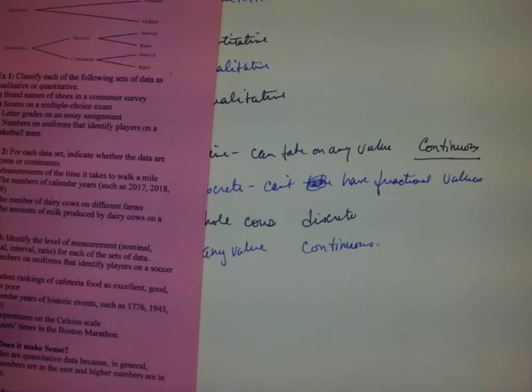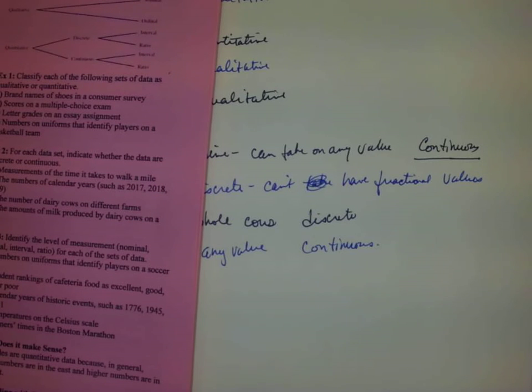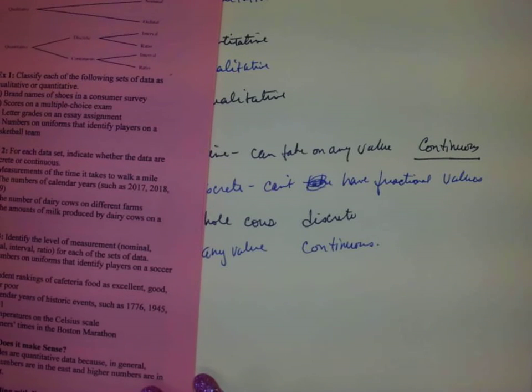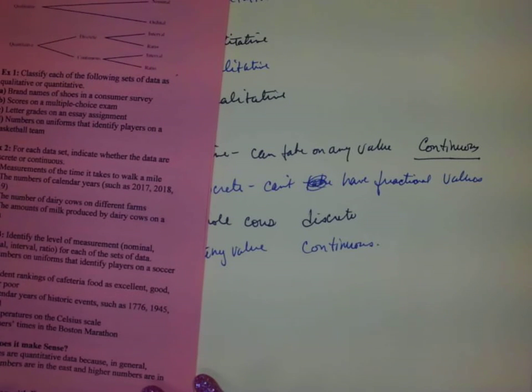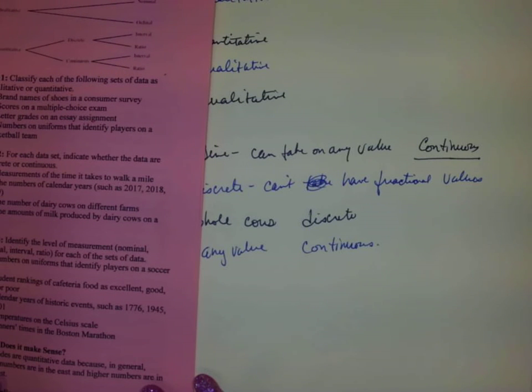It's just a name, right? It just identifies that's player number 8, that's player number 9. That's all it is, identification. And because it's identification, that's all it's going to be. Up here we were just naming it as qualitative.